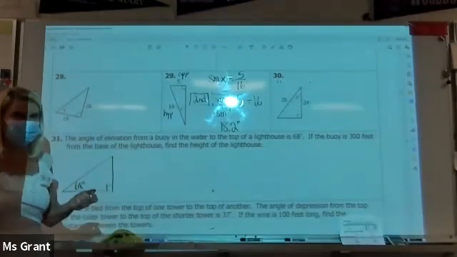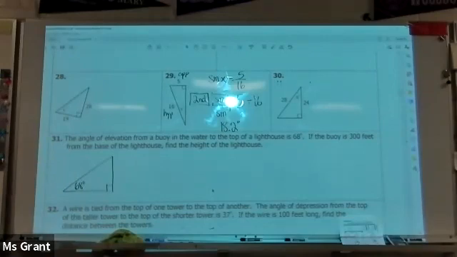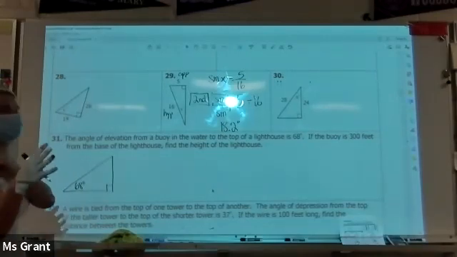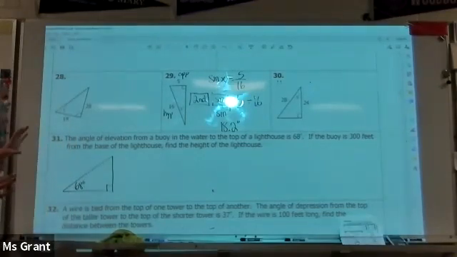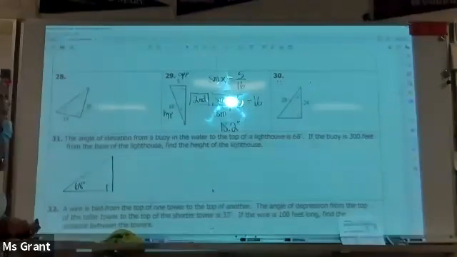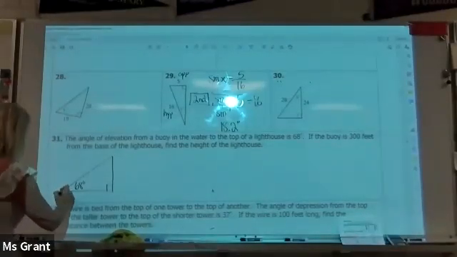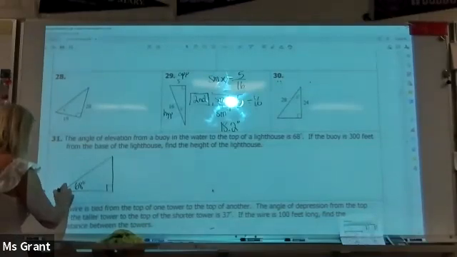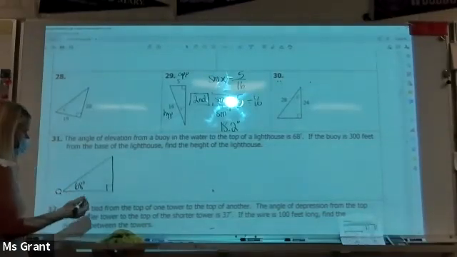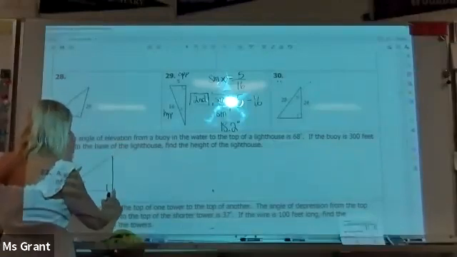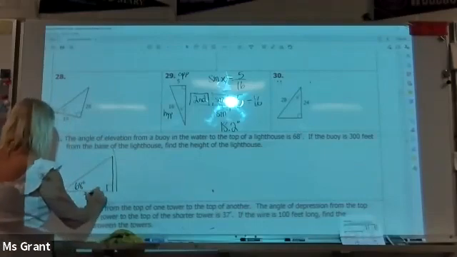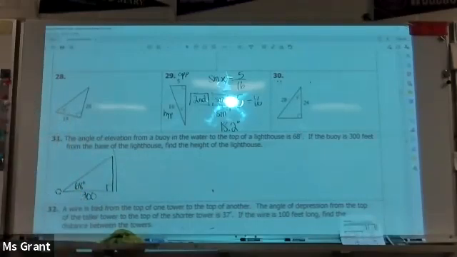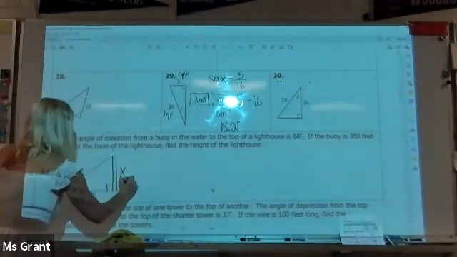It has to be a right triangle for geometry purposes. We did some advanced trigonometry with law of sines and law of cosines, but for this basic trig, it's always right triangles. If the buoy is 300 feet from the base of the lighthouse, here's the buoy in the water, here's the lighthouse, 300 feet from the base of the lighthouse, find the height.